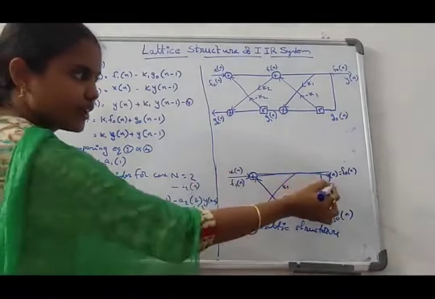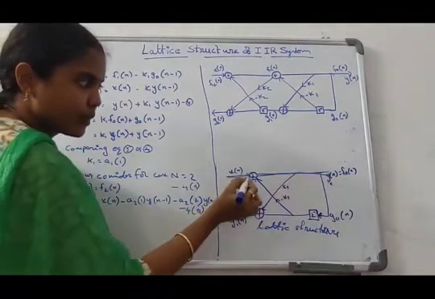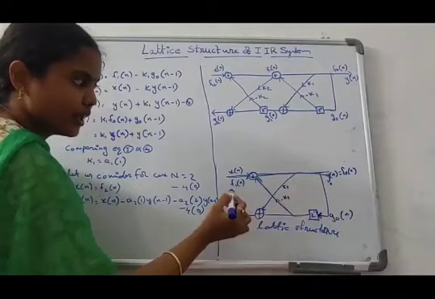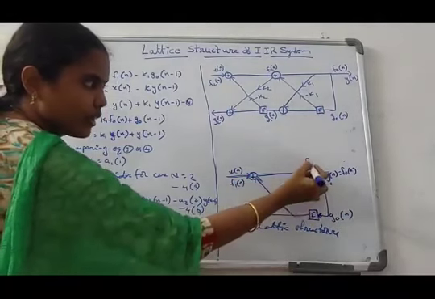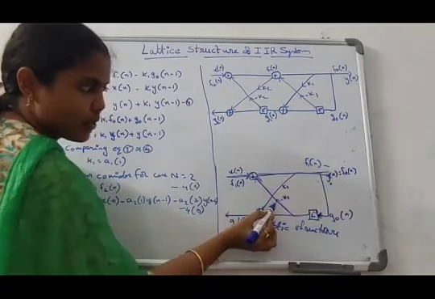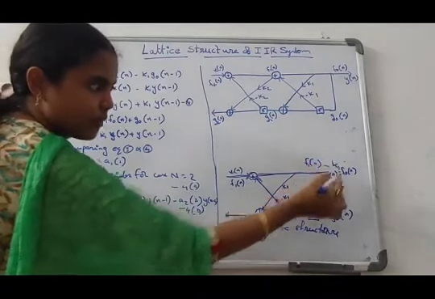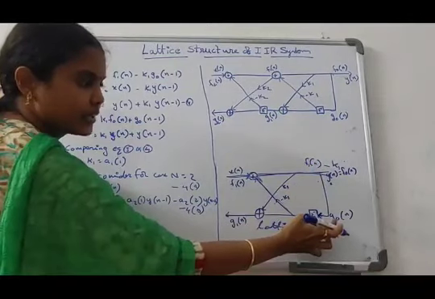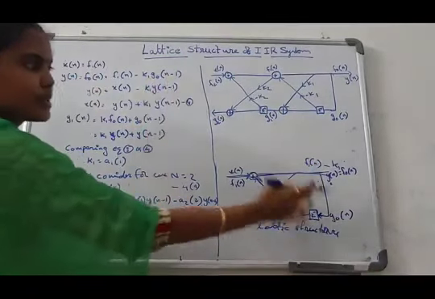How to get this y(n)? One input is this, the other input is this. So it is f_1(n) minus k_1 into, with this z inverse, g_0(n minus 1).